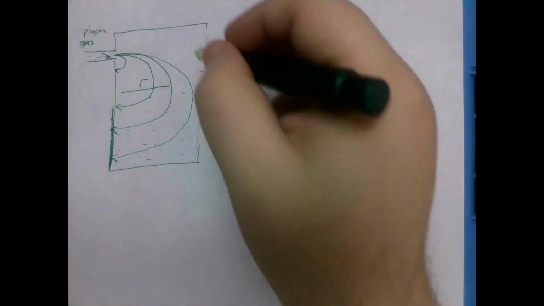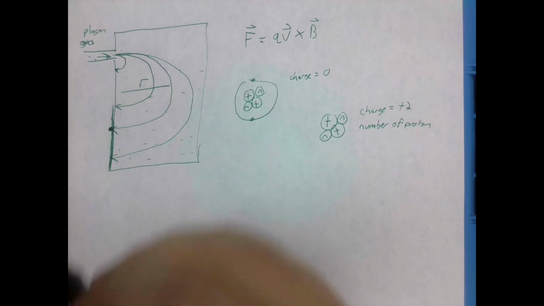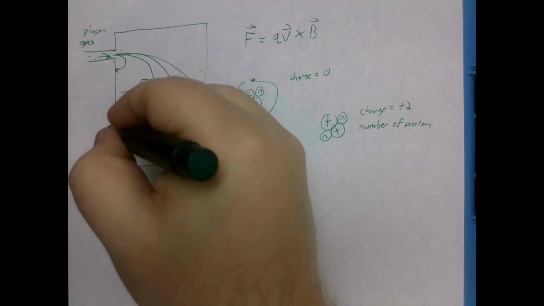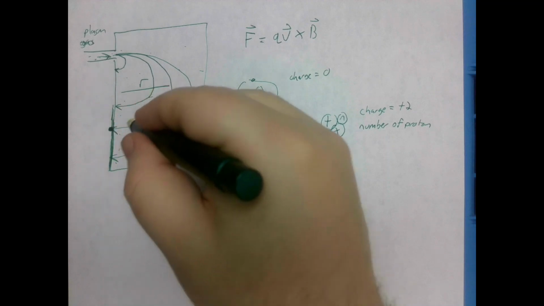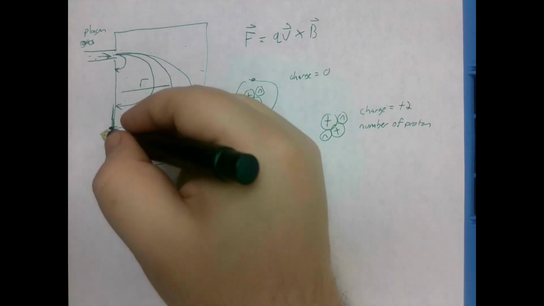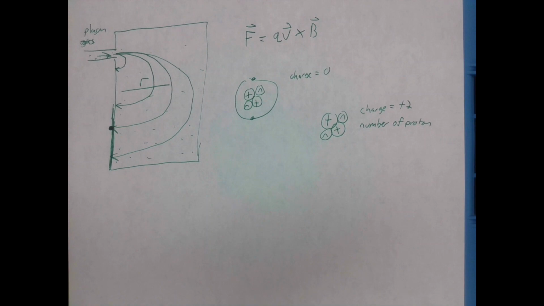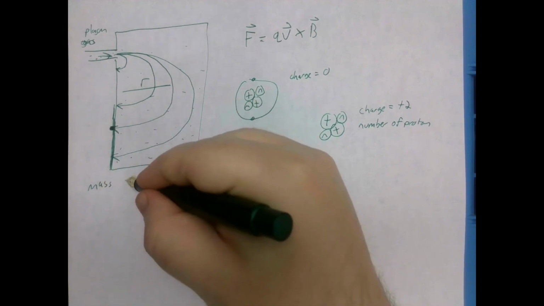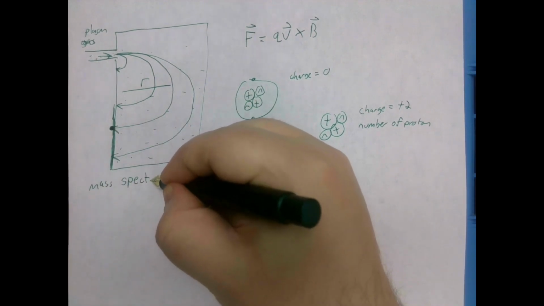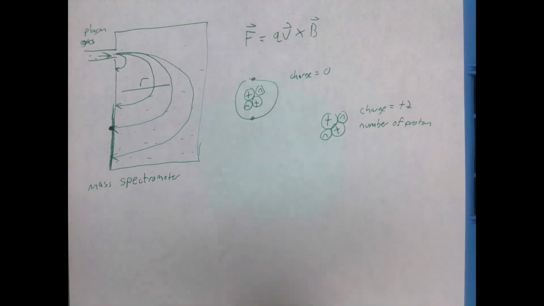If we send a sample through here and almost all of them hit right here, we can calculate what the charge of the particles needs to be for it to land right here on the wall. And that's basically what a mass spectrometer is. So this would be a basic mass spectrometer. It can basically tell you very accurately what atoms make up a chemical.